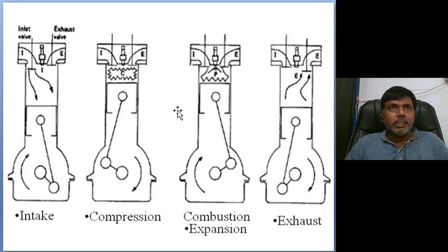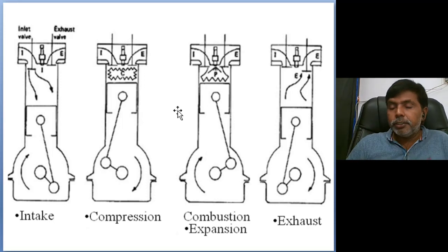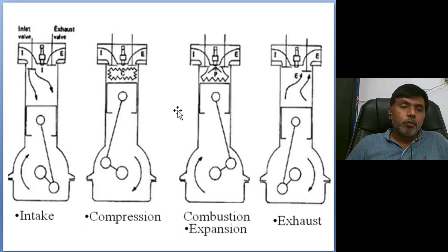Here heat addition is also not by the combustion process but from an external source, an external high temperature reservoir, and heat rejection in the actual process is by exhaust, but in our air standard cycle we take heat rejection to the sink only.